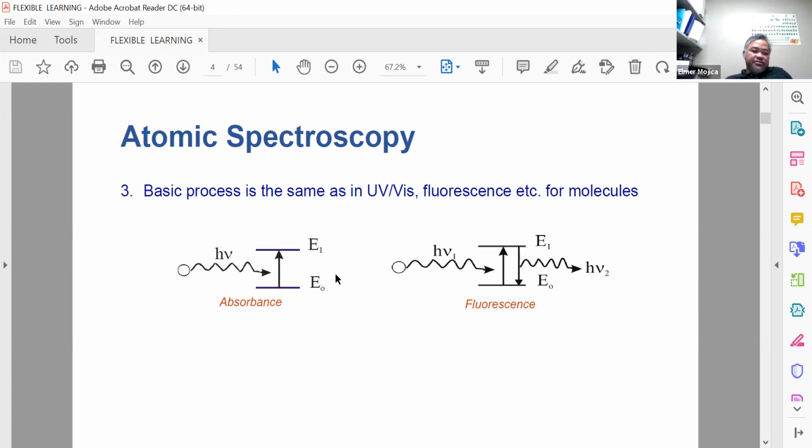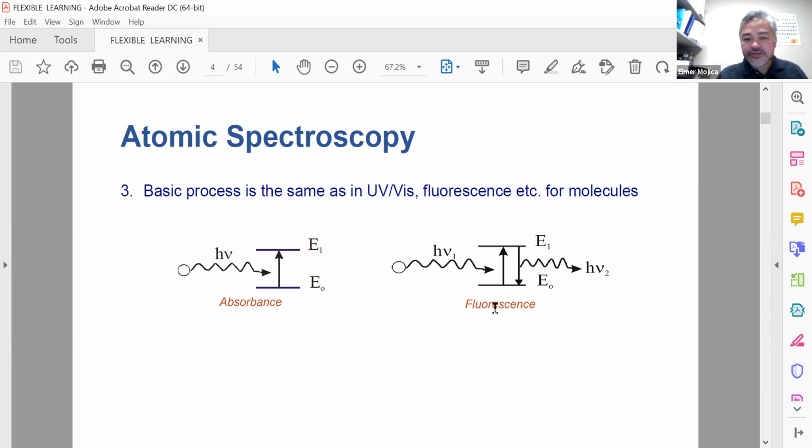You can also look at it with respect to fluorescence, where light interacts with the matter and it gets excited. Being in the excited state, it can relax to a lower energy level, and in doing so, it will emit energy in the form of light.